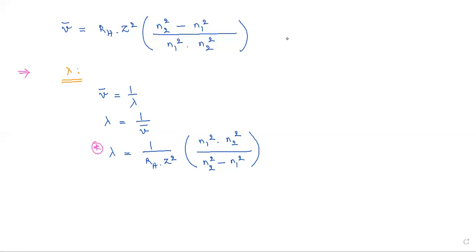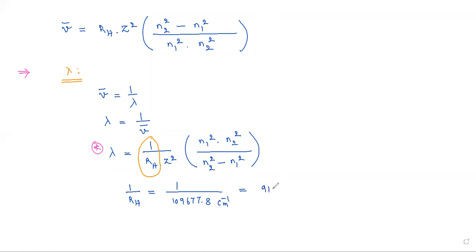Now, let me give you one very interesting piece of information. Let us consider this 1 by RH. You know, 1 by RH can be written as 1 by 109,677.8 per centimeter.